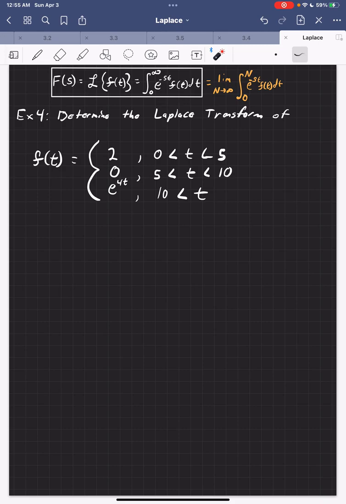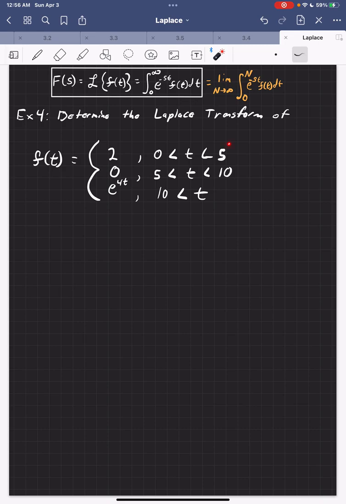To make sure you understand this, f of t equals 2 for all values of t between 0 and 5. f of t is equal to 0 for all values of t between 5 and 10. And f of t is equal to e to the 4t for all values of t greater than 10.